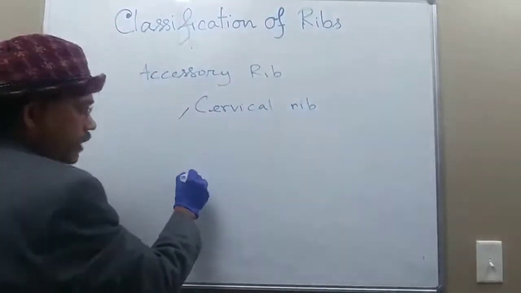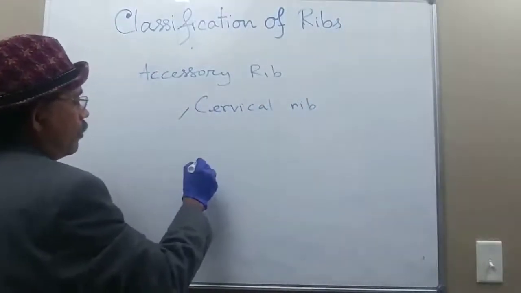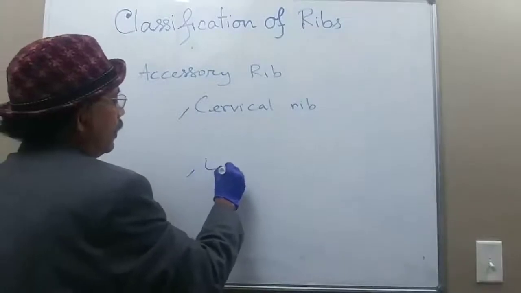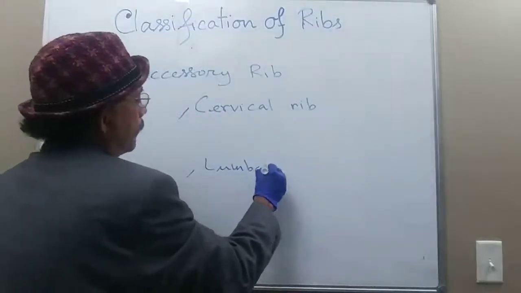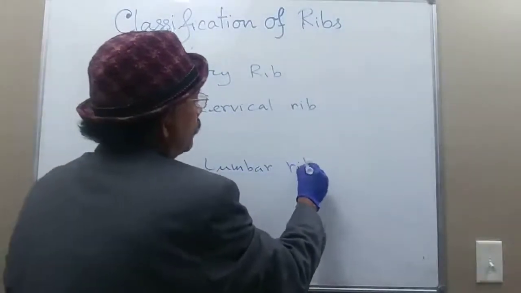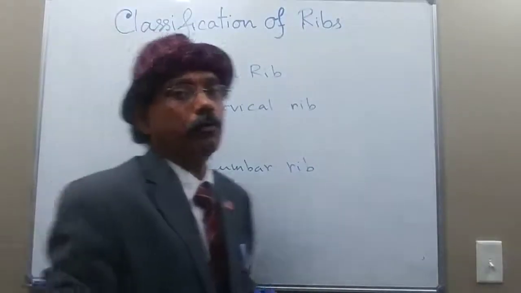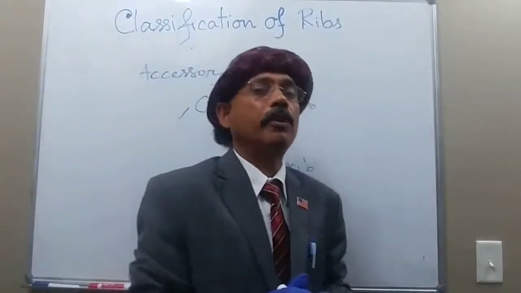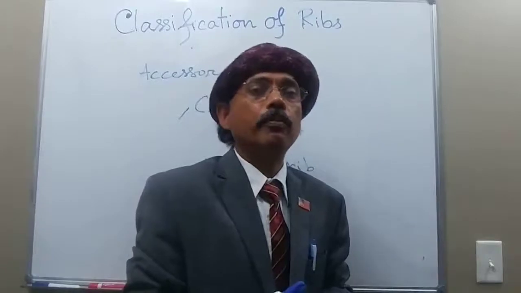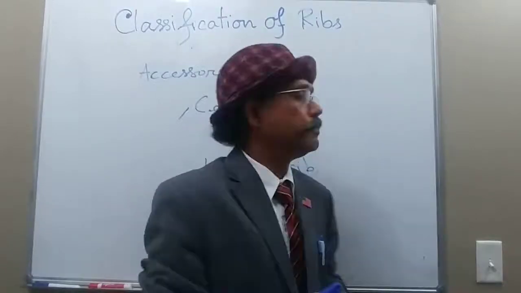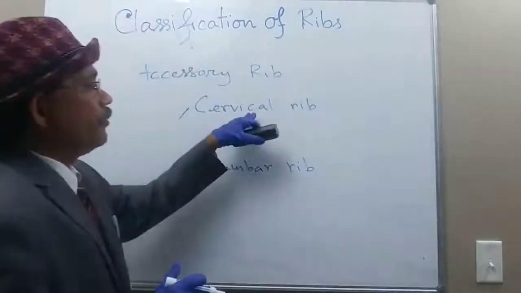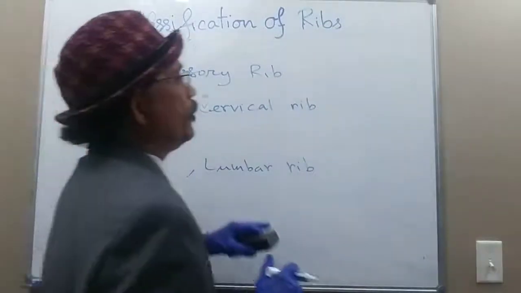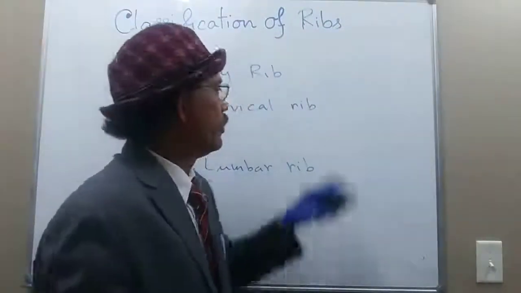Another group of people, rare, both of them are not common. Another is the lumbar rib. Sometimes we may not have 12 pairs of ribs. We have 11 pairs of ribs. The 12th pair may be missing. If we have cervical rib, then we have 13 pairs of ribs.